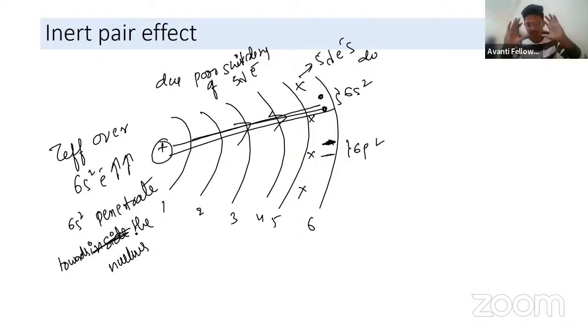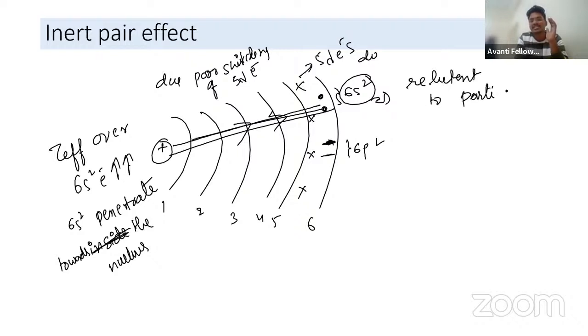Simple, let's talk in our normal language. Due to the poor shielding of d electrons or f electrons, the outer 6s electrons are slightly shifted towards the nucleus. When they are slightly shifted towards the nucleus, these 6s2 electrons are reluctant to participate in the reaction.